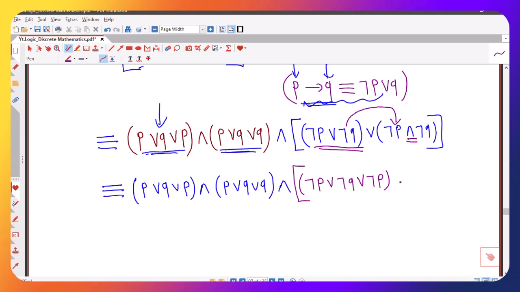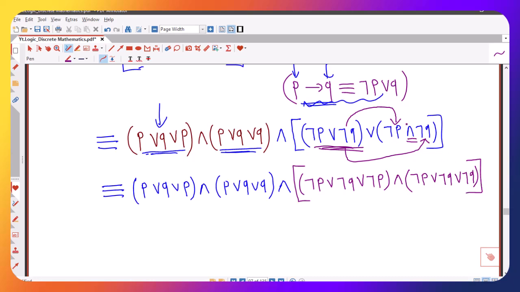Then we write the AND operator here, and then negation P or negation Q is connected with negation Q by the OR operator. So let me write (negation P or negation Q or negation Q).